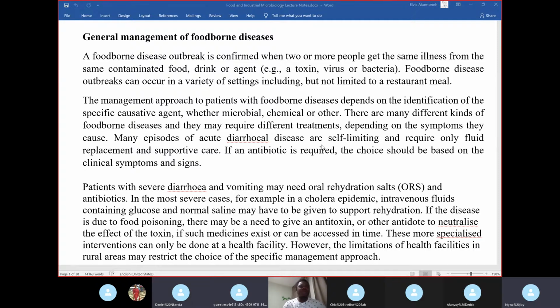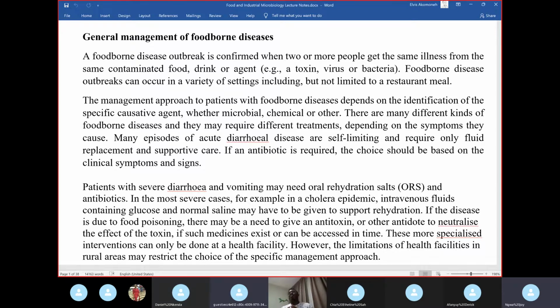So if we realize that a particular vendor at Melon sold food to passengers that came from a particular bus, and more than 3 of those passengers are reporting with the same symptoms within a short time, we could suspect an outbreak originating from that vendor. So just have that picture in mind.